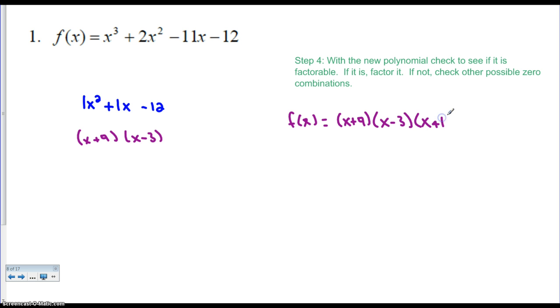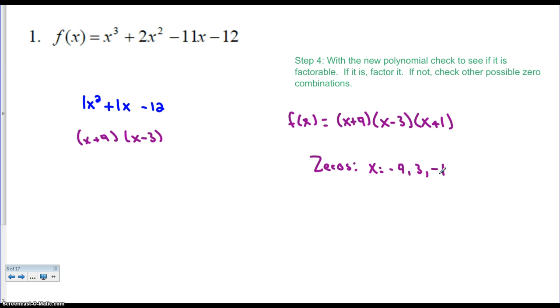So what are my zeros? I know x will equal negative 4, positive 3, and negative 1. Those are all of my zeros.